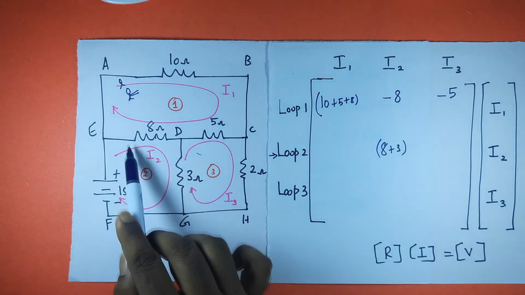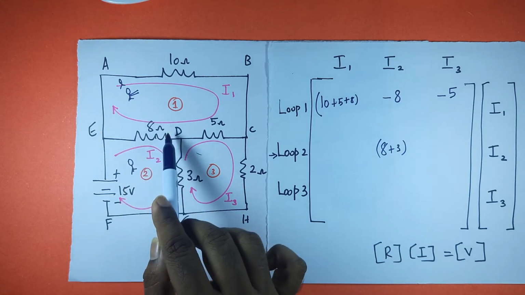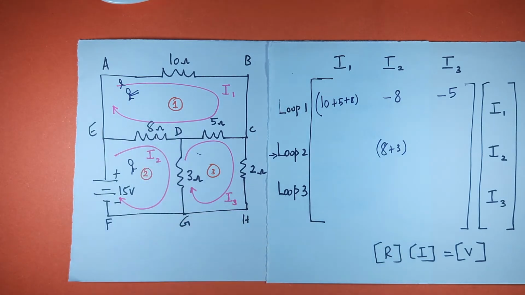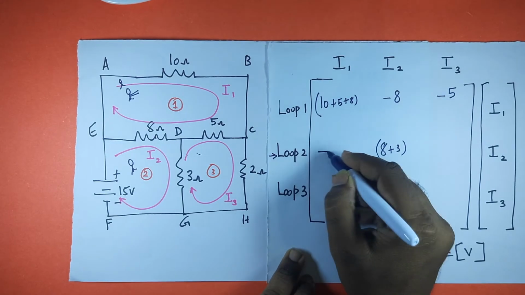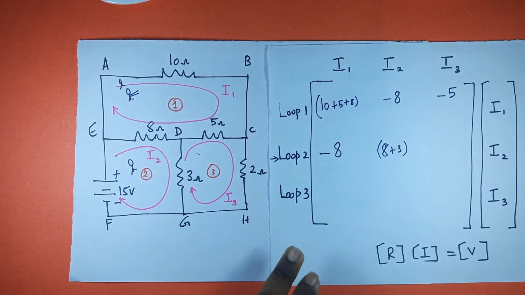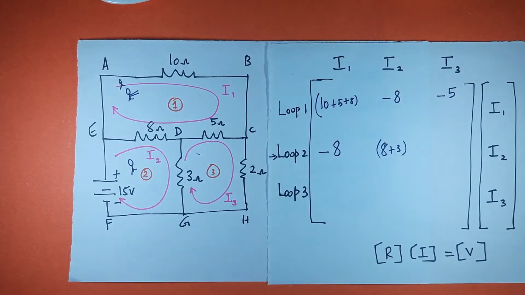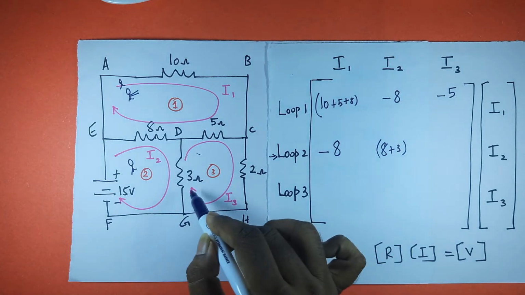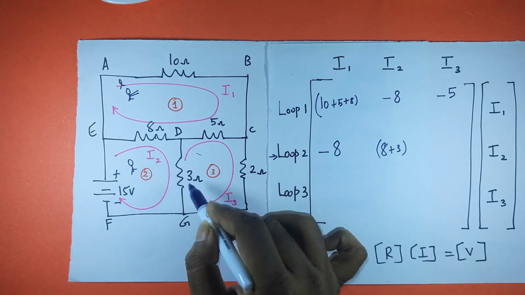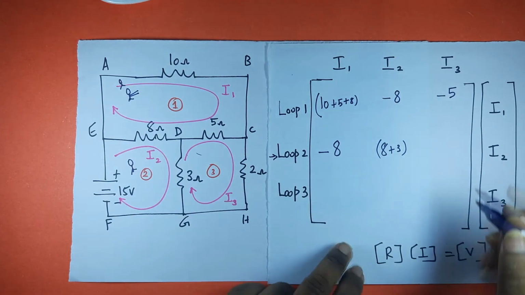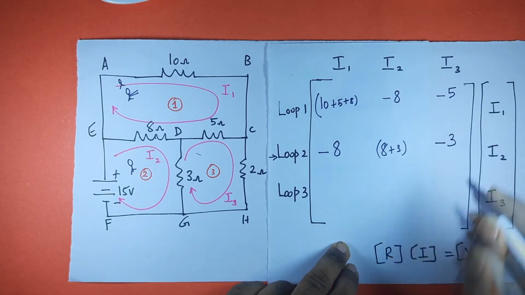Yes. I1 flows through loop 2 through this 8 ohm, but in the opposite direction. So under I1 you put minus 8. Again you are asking whether I3 flows through loop 2. Yes, I3 flows through this 3 ohm, but in the opposite direction. So you write minus 3.